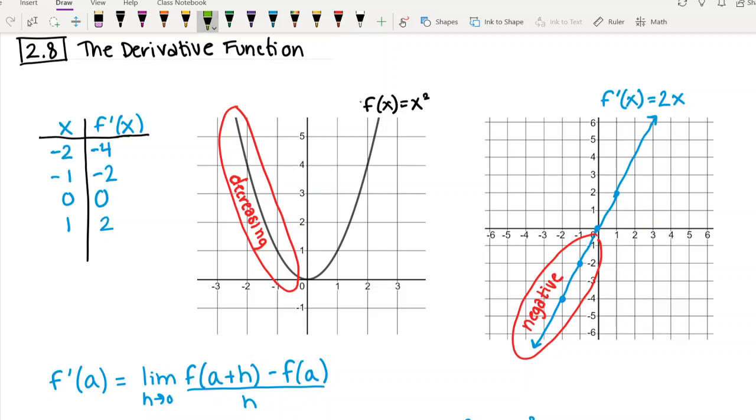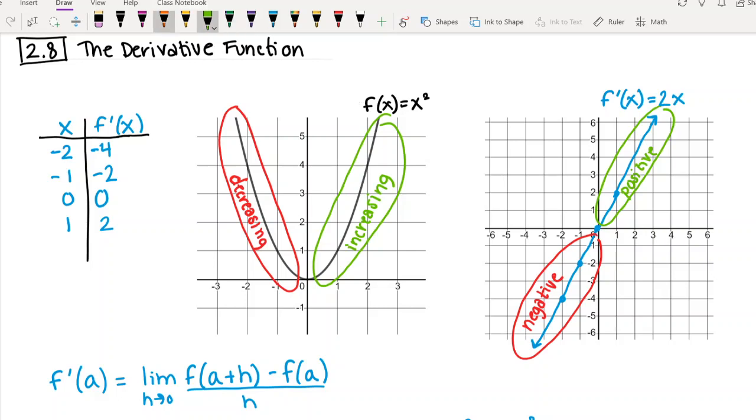Now if we look at the right-hand side of the parabola, this is a function that is increasing, right? It's going up from left to right. So if we were to take the slope of any of the tangent lines on this part of the graph, they should be positive. And that shows up with what we see here, because if you look at this part of the graph, all of the y values are positive.